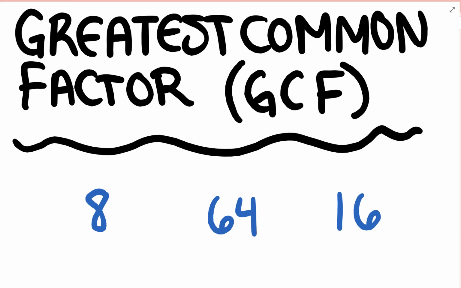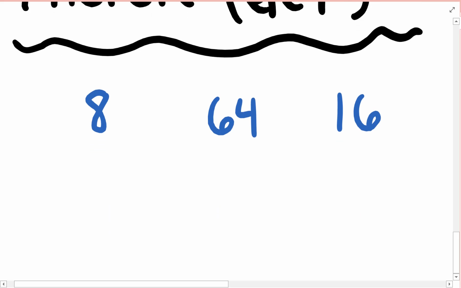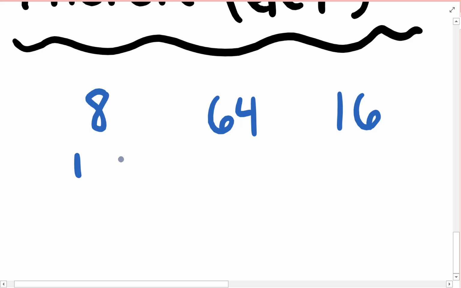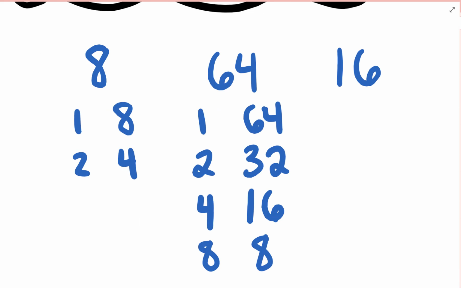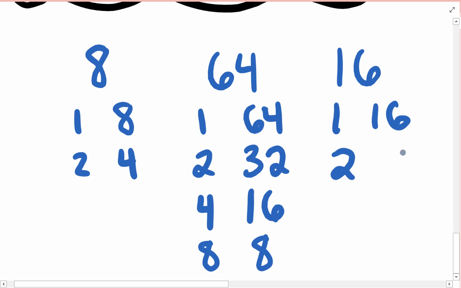For example, we have 8, 64, and 16. The factors of 8 are 1 and 8, 2 and 4. The factors of 64 we already did. And the factors of 16 are 1 and 16, 2 and 8, 4 and 4.